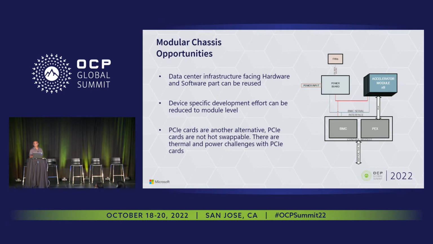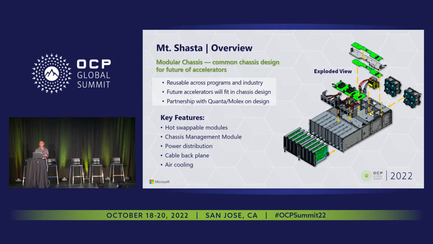Here I have a simple block diagram where a chassis control module provides connectivity to the device modules and also extends sideband signals and management interface to the power board and the fan subsystem. The picture here is an exploded view of Mount Shasta.